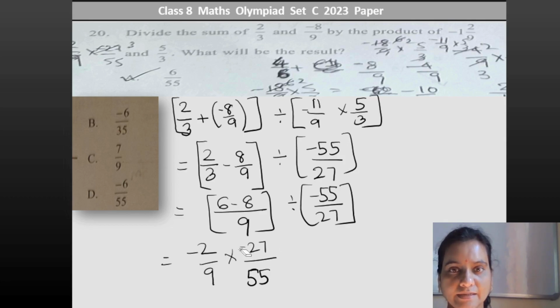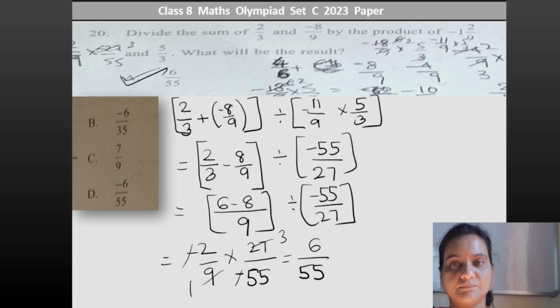So I can write the minus in the numerator or in the denominator. Let me put it in the denominator to remove any kind of doubts. So here they will both get cancelled out, the negative sign. So 9 ones are 9, 9 threes are 27. What remains is 2 into 3, 6 in the numerator and 55 in the denominator. So answer is 6 by 55, option A for question number 20.